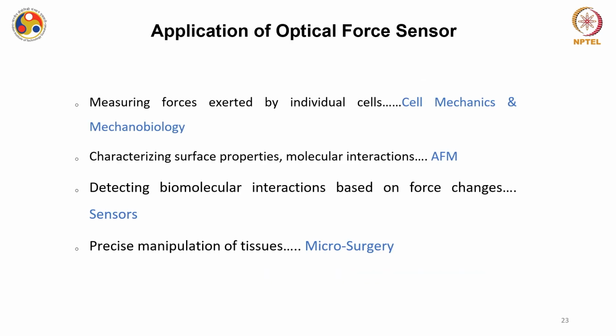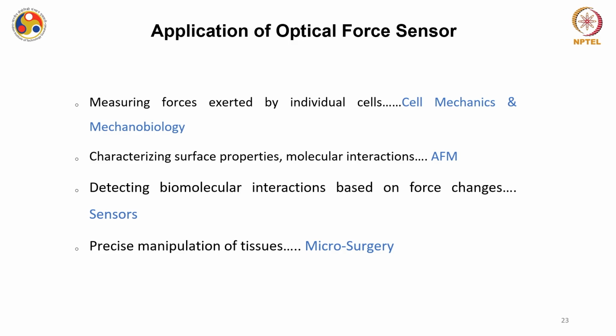The applications of these optical force sensors are enormous. For example, they can be used for measuring forces exerted by individual cells. That is why they are very popular in cell mechanics and mechanobiology. You can also use them for characterizing surface properties and molecular interaction.